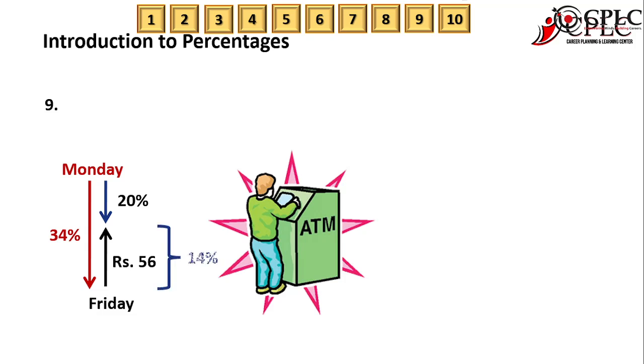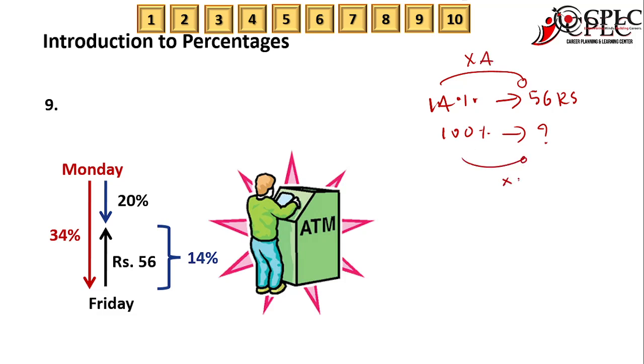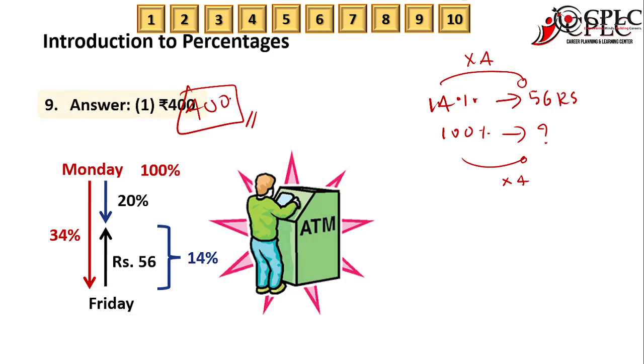So we should be comparing with the same number, that 14% of deficit got covered by 56 rupees, and they are saying what is the Monday's opening balance, original opening balance. So Monday's opening balance, let's assume it to be 100. 100 is how much? If you know tables, 14 times 4 is 56, 100 times 4 should be the answer in this particular case. Yes, 400 is the answer.